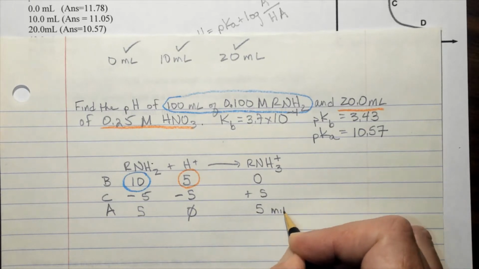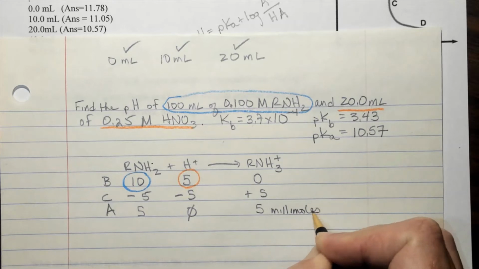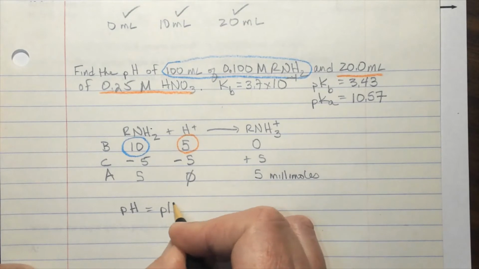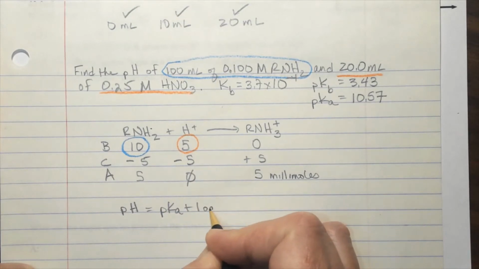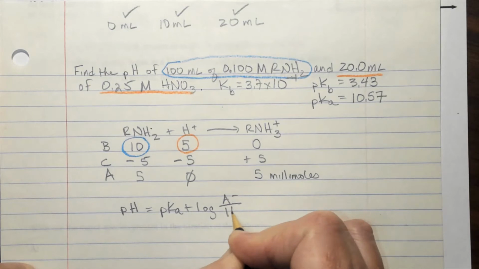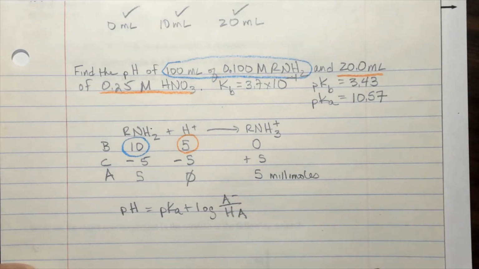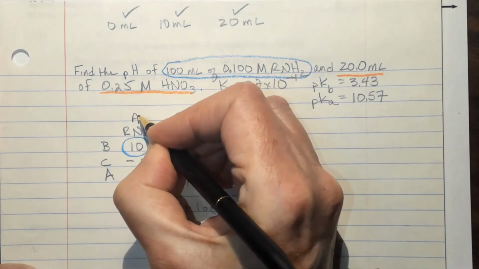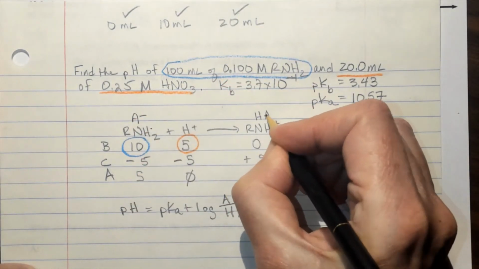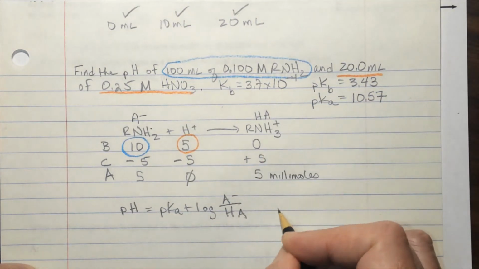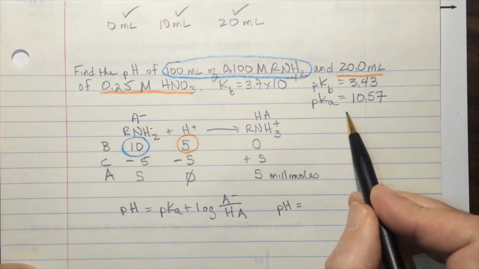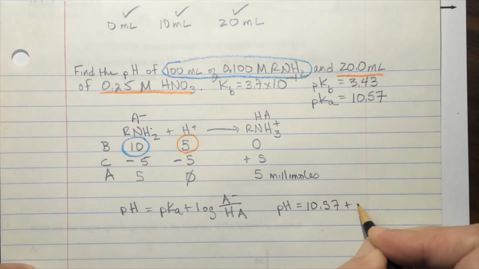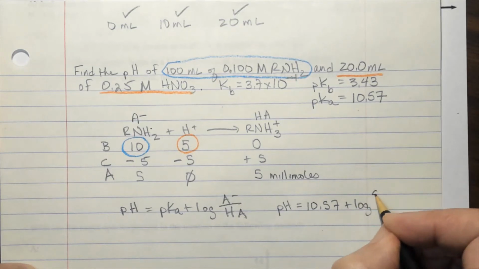So we can use the equation pH equals pKa plus log A minus over HA. Since we have the same amount of each, it doesn't really matter which one we use, but let's be clear here. This is our A minus, and this is our HA. So we have pH is equal to 10.57 plus log 5 over 5.